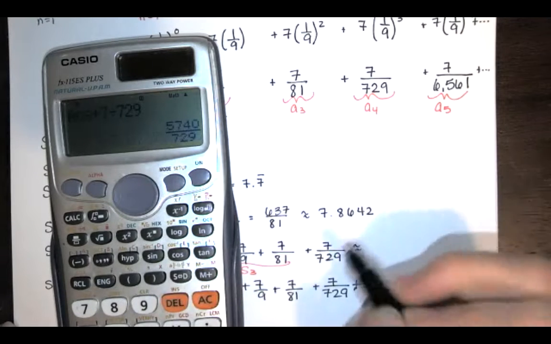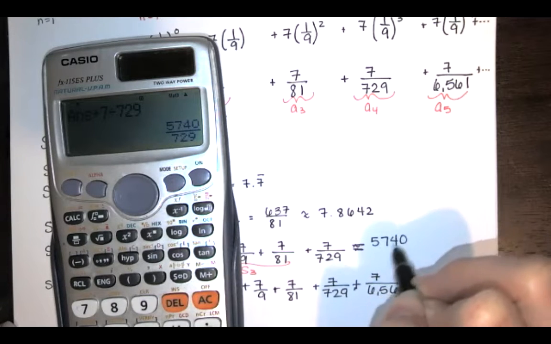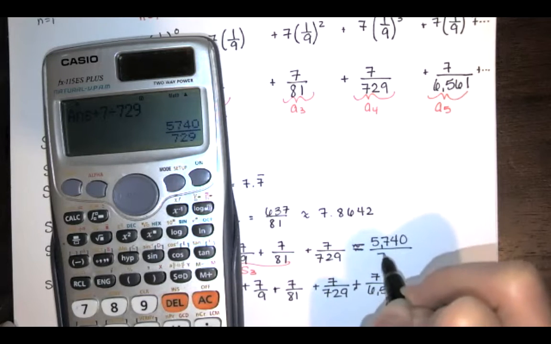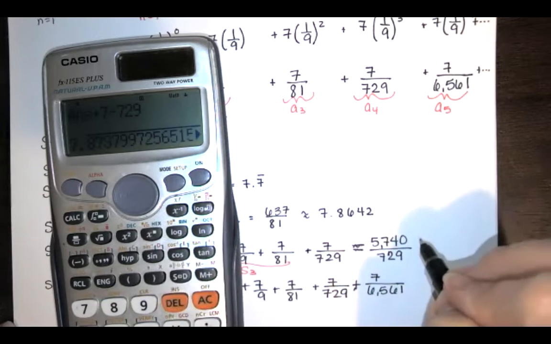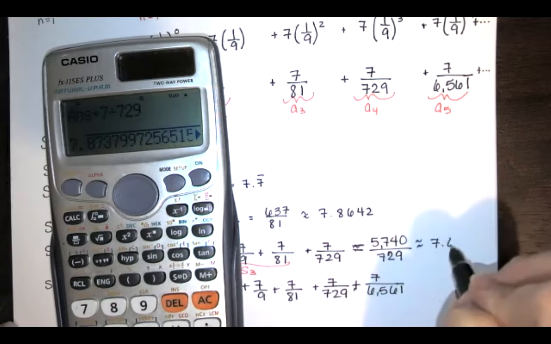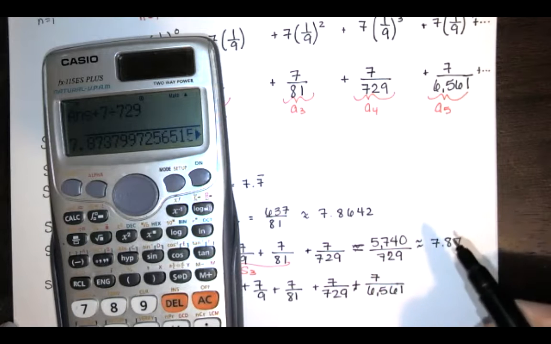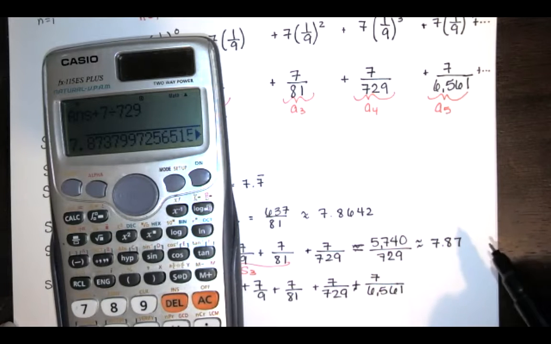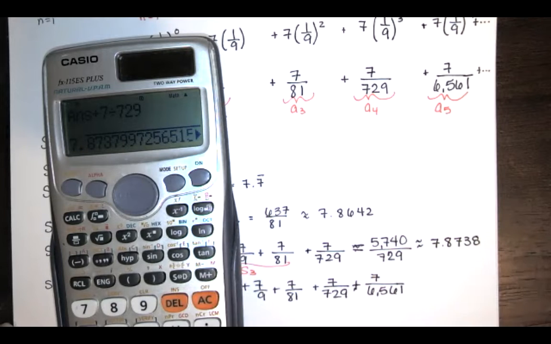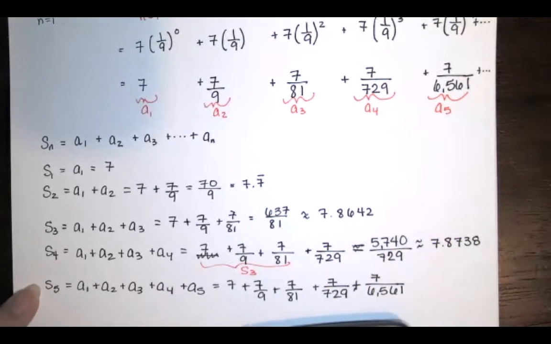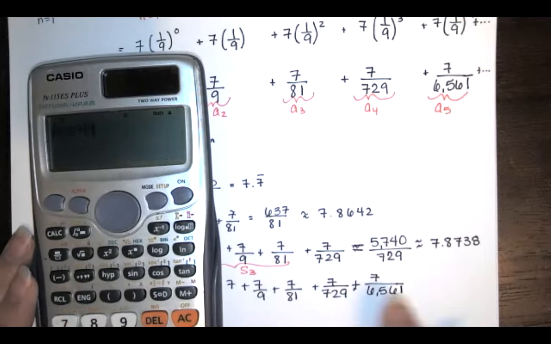And the exact answer there turned out to be 5,740 divided by 729, which is approximately 7.8738. And then the last one, for going up to S sub 5, is the last answer plus this last term.